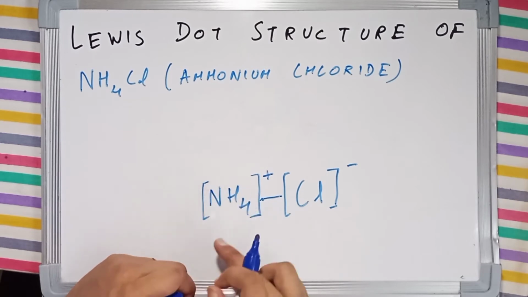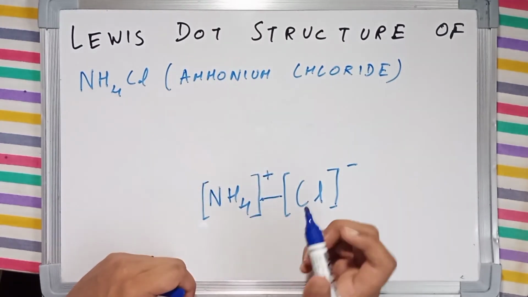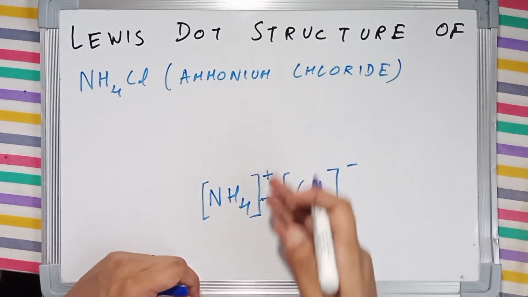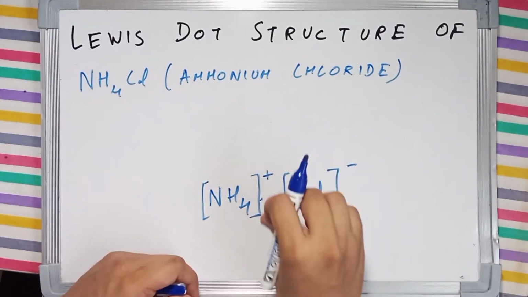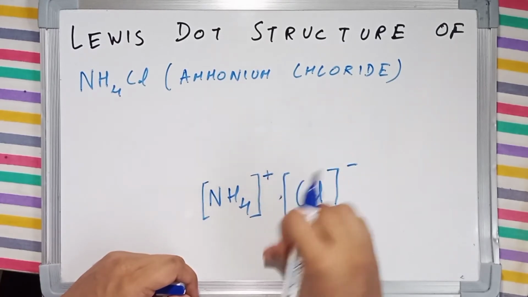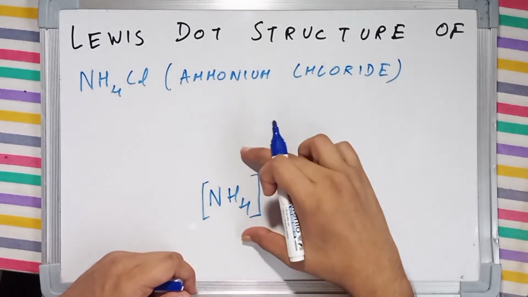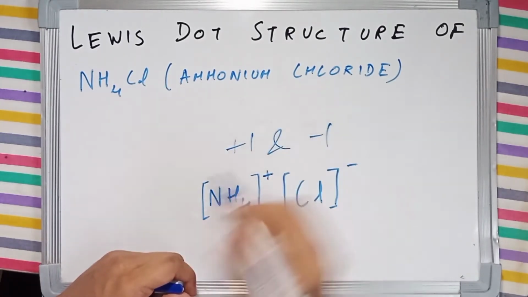and we say that this electron has been donated by any molecule which is present on this side, and this electron is given or shared by any molecule whichever it might be on this side. But it is not so in case of an ionic compound. It just stays like this, a +1 charge and a -1 charge.